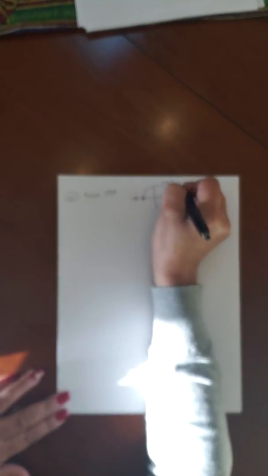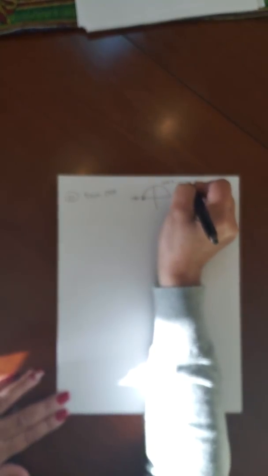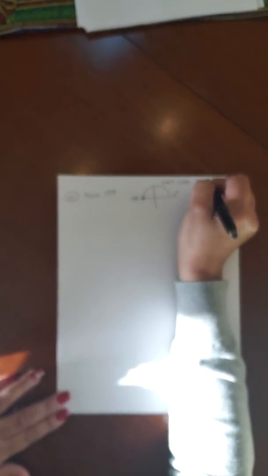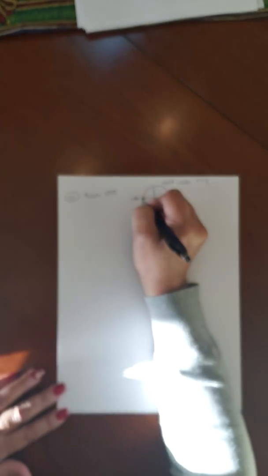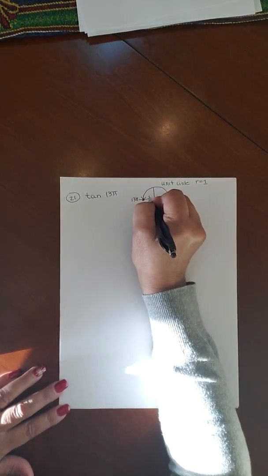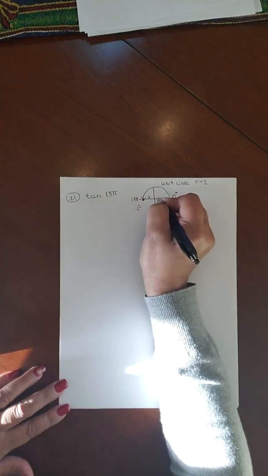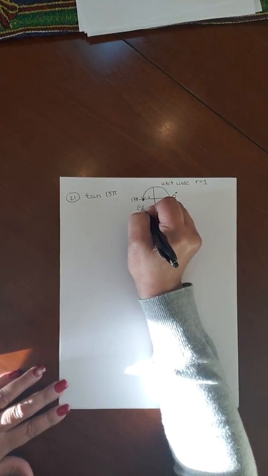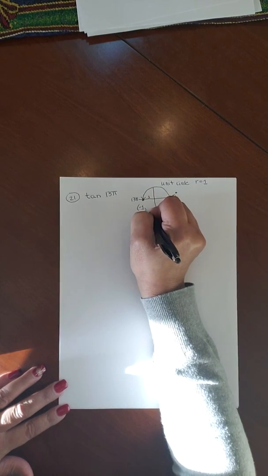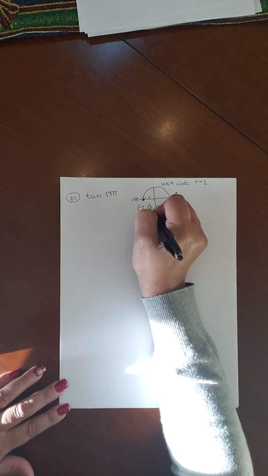Okay, so if this radius is 1 right here, that actually represents your x-coordinate. And since you're out this direction, your x-coordinate's -1, your y-coordinate is 0.